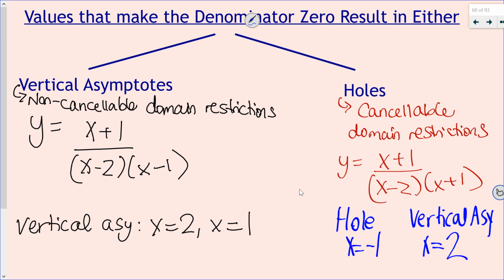So if one of those factors cancels out, it's still a domain restriction. I still say x cannot equal -1, even though it cancels. But it doesn't provide you with a vertical asymptote. It just provides you with a tiny hole in the graph. It's kind of fun when you've got a hole in the graph because it's very small.